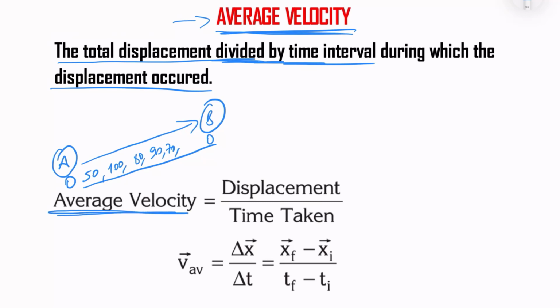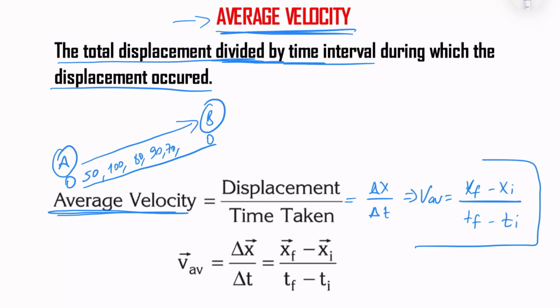We have a formula. That formula is very similar to the formula of the velocity. Displacement over time taken. Displacement is delta x. Time taken is delta t. So the average velocity formula: V average equals delta x, which is x final minus x initial, over t final minus t initial, that is the delta t.